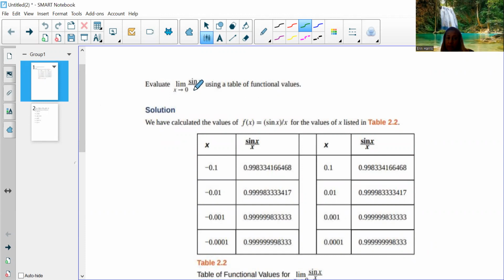So I'd get 0 over 0, right? And I'd turn to my calculator. And I'd say to the skeptical mathematician, I'd be 1/10 away from 0. And I'd say, look here, 0.9983. Don't you think that's close to 1? And look, it's the same from both sides. And they'd say to me, nah, I don't think so.